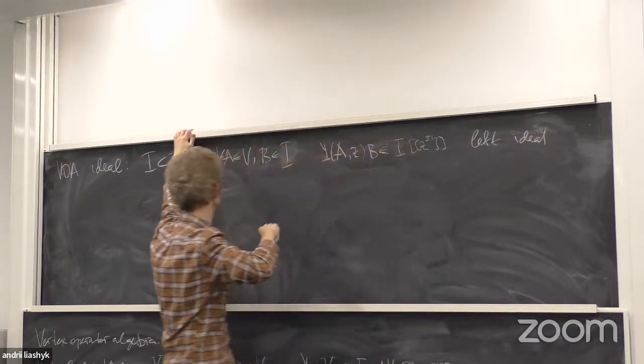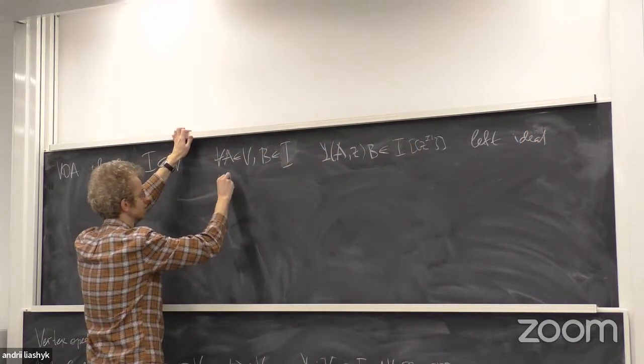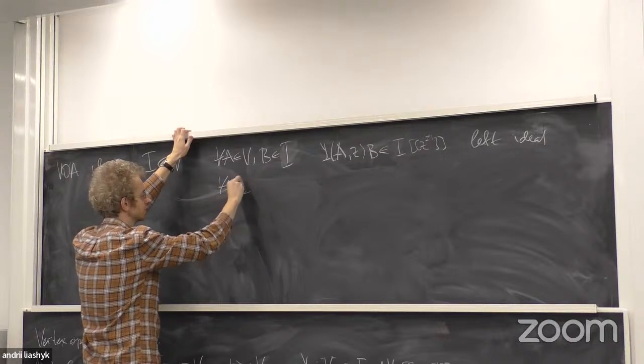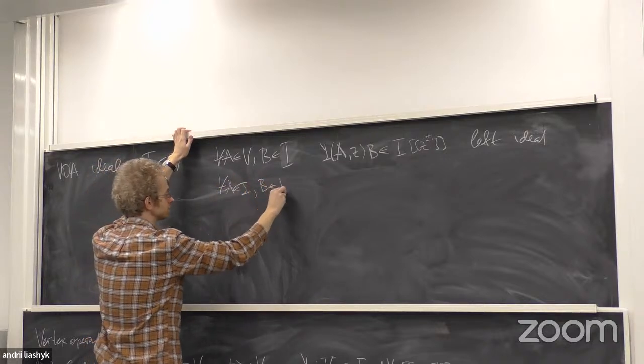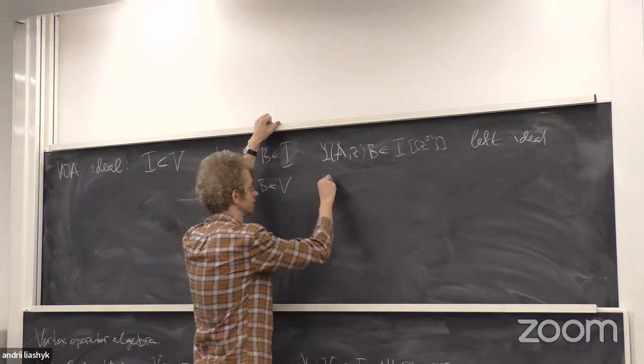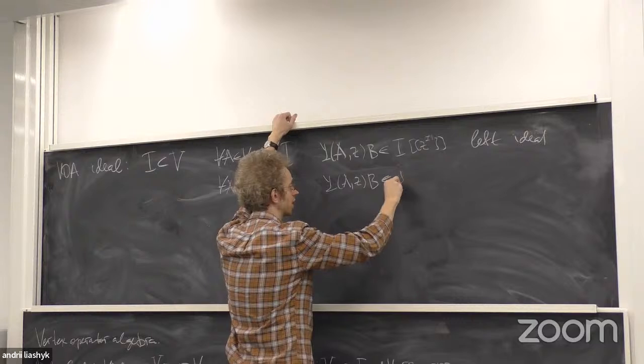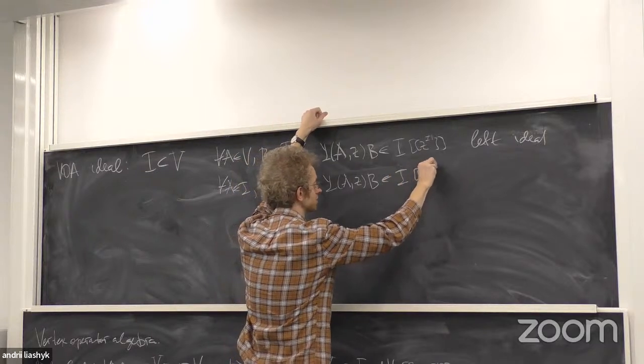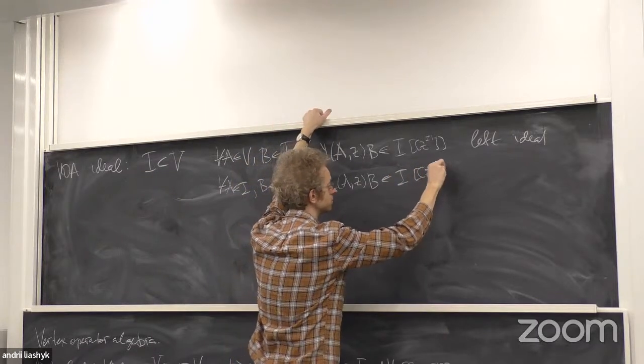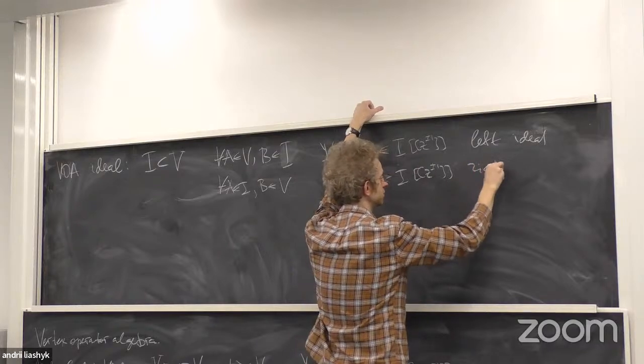And we can do vice versa, taking any A and I and B and asking for Y of A(z), Y to B in I of z plus minus 1. So this is a kind of right ideal.